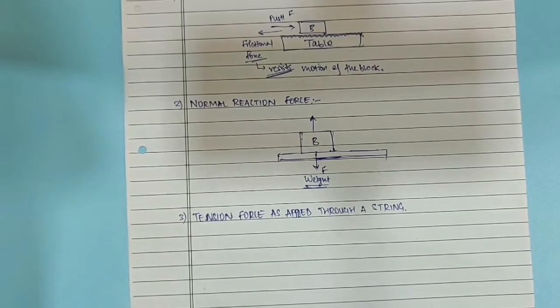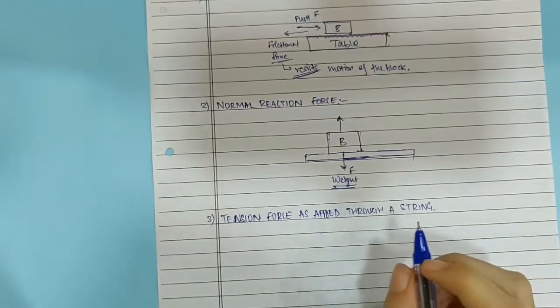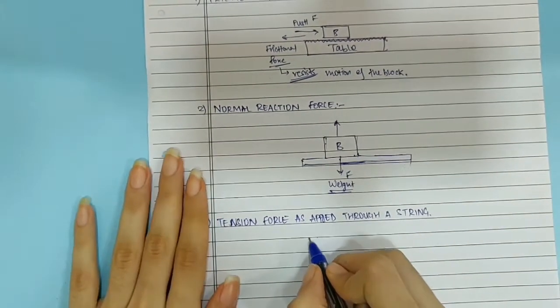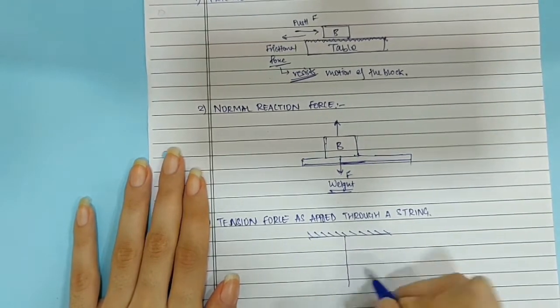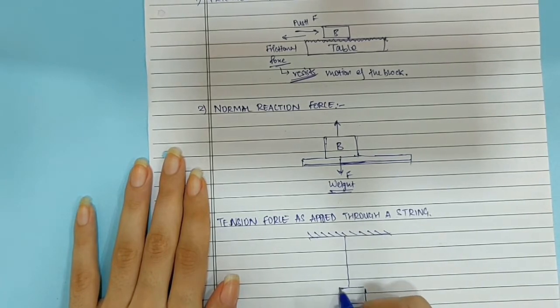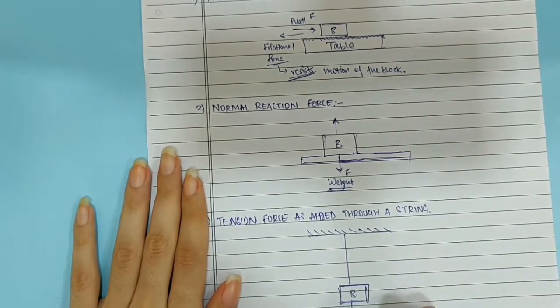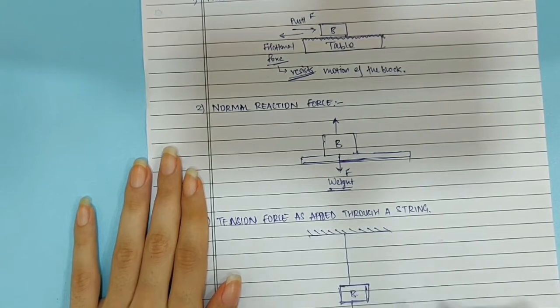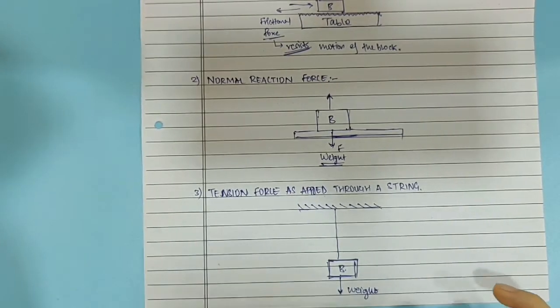When a body is suspended by a string, the body will move downwards because of its weight, and this pulls the string vertically downwards, and the string in its stretched condition pulls the body upwards by a force which balances the weight of the body.